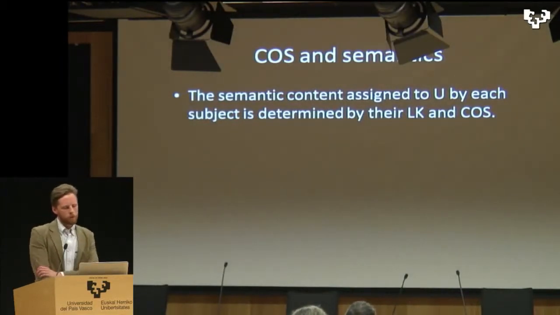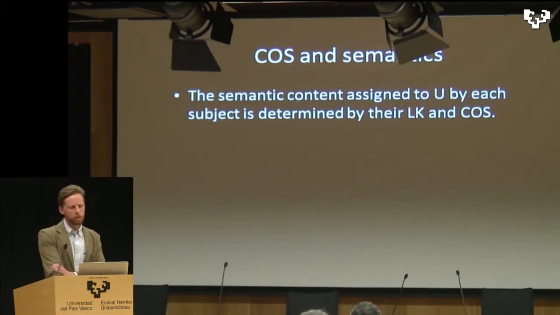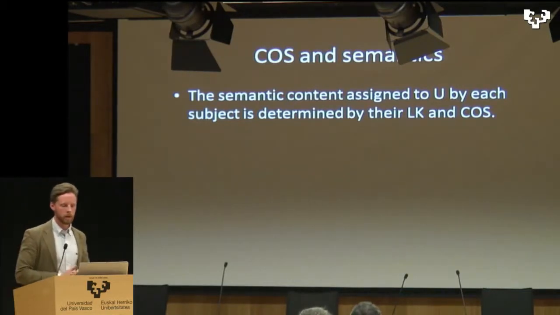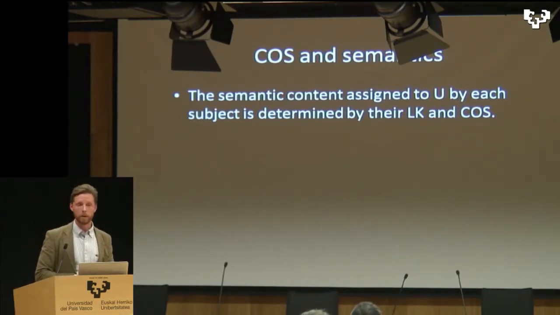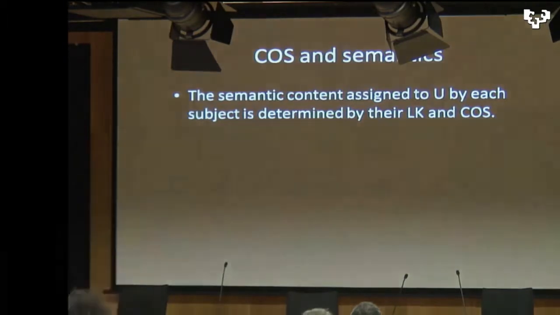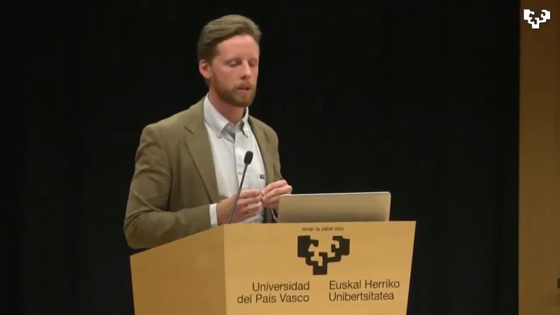And also the semantic content assigned to the utterance by each subject, their own subjective interpretation, is arguably determined by their own linguistic knowledge and their own conception of the situation. If you would ask the subject to state which content she would express, that answer would be determined by these two things.